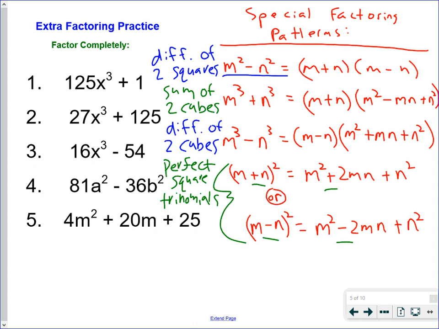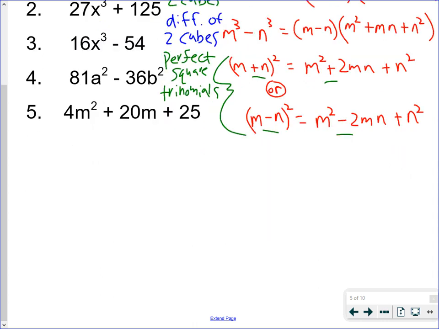What I specifically want to go over, though, is number 5. Number 5, it's 4m squared plus 20m plus 25. A lot of times it's kind of hard to recognize if something is a perfect square trinomial or not. Two surefire ways that I like to check to see if it is a perfect square trinomial or not is the first and last term.